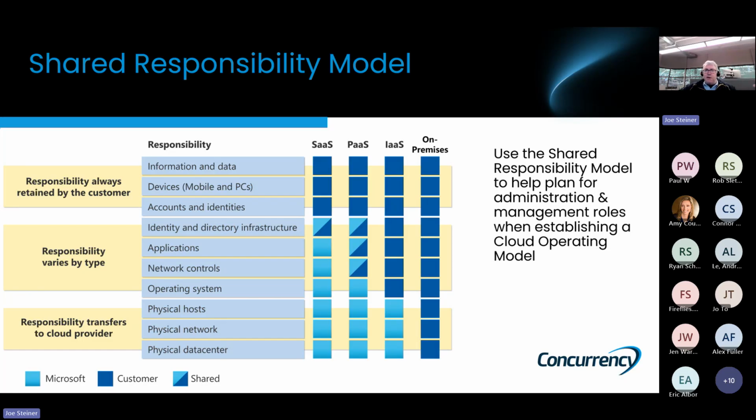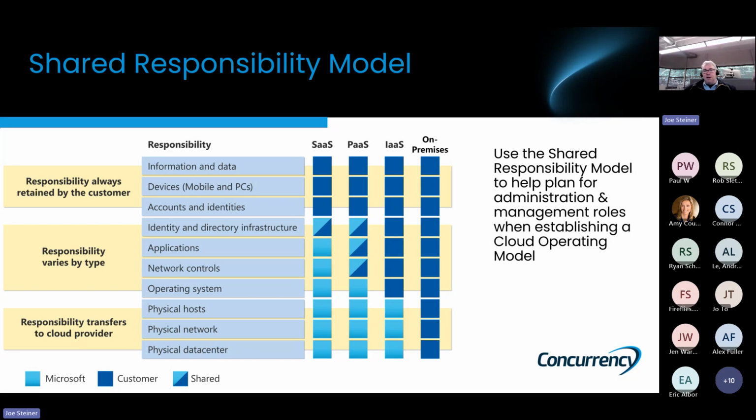In all cases, information and data is your own, devices, accounts, and identity. But then backing into, if I'm using things like SQL platform as a service, I'm not worried about the operating system underneath there.